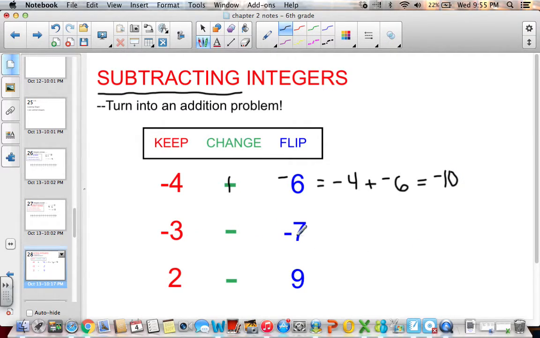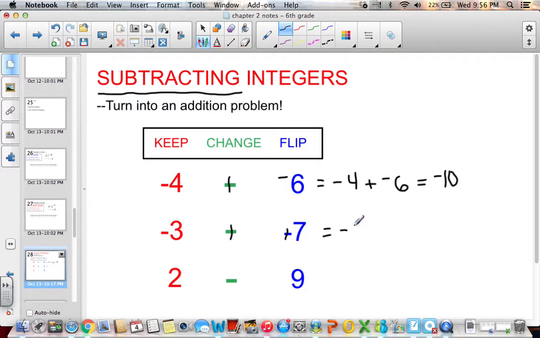-3 minus -7. Keep the first number, change it to an addition. Once I change my sign, I have to remember to change my second number, because -3 minus -7 is different than -3 plus -7. So we have to remember to flip it. So -3, change it to addition, flip this, it's -7, so we flip it to +7.